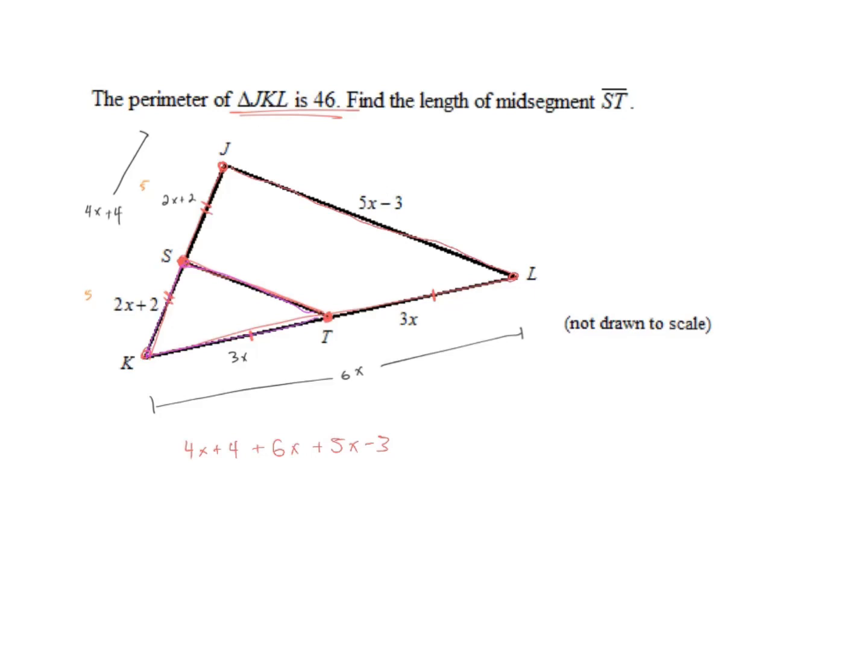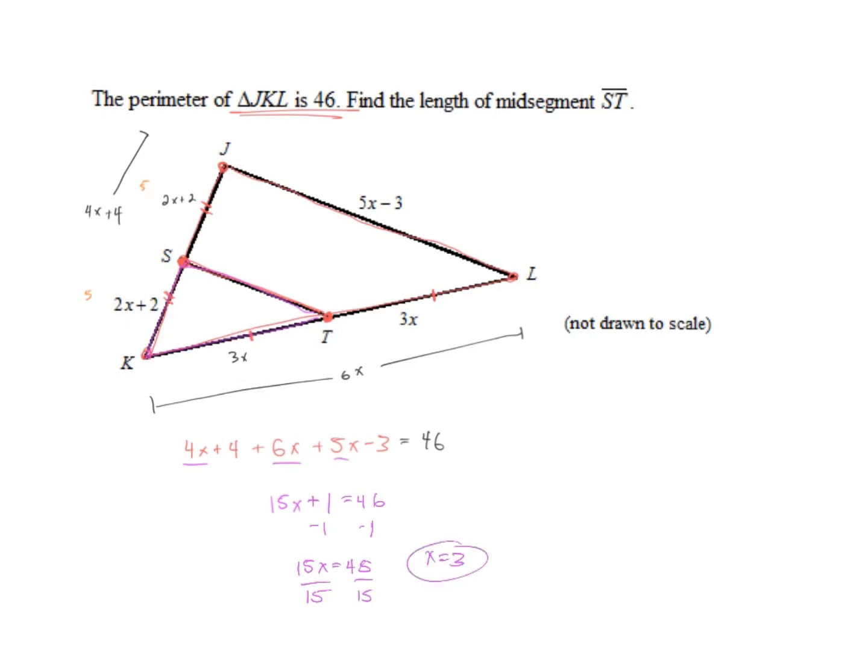So we're adding up all pieces, and that's equal to 46. I have 4, 10, 15x plus 1 is equal to 46. Subtract the 1. 15x is equal to 45. Divide by 15. x is 3.